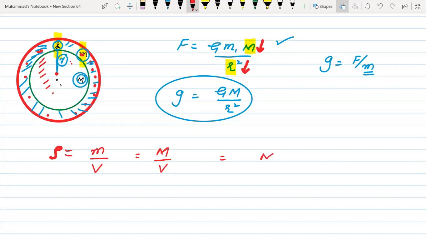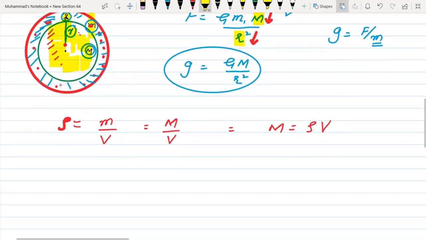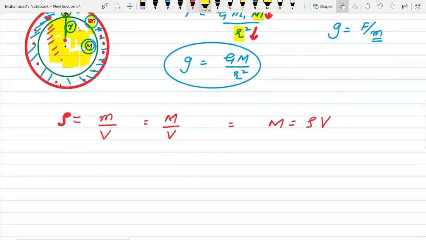So as a result, mass will be equal to density into volume. So what is the volume of this? This is a spherical part. So the formula of the volume of a sphere is 4 by 3 pi r cube.